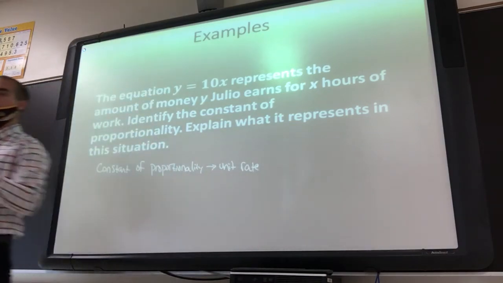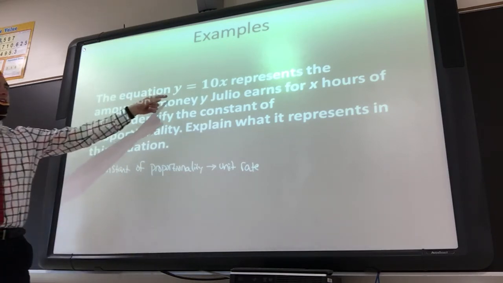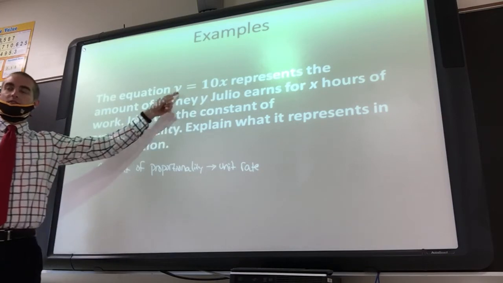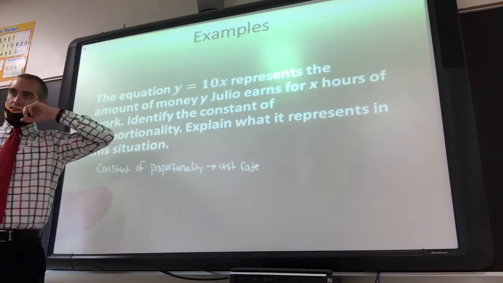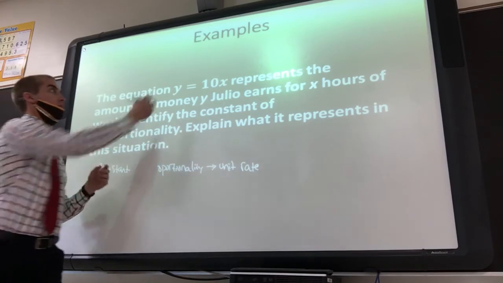And so look back at the vocab that we wrote down. Where it says direct variation equation, what letter was the unit rate? K. And where was K in that equation? It was right before the x, right? Y equals kx.